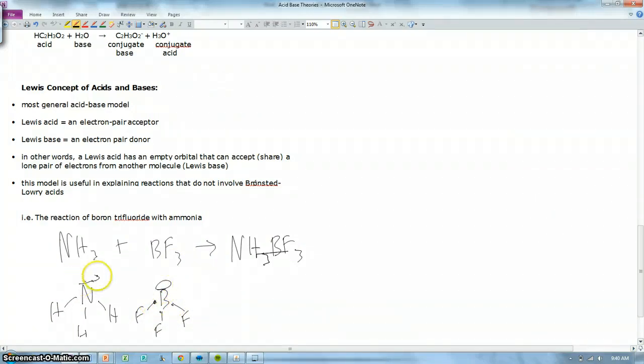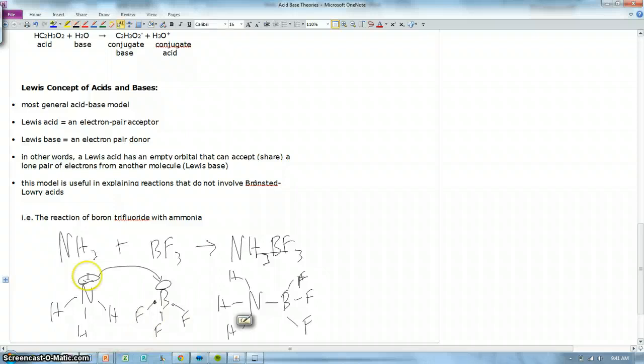And you can see ammonia has this very nice lone pair which it donates and bonds to the boron, creating this molecule. Much larger molecule, but everybody's much happier. There are no lone pairs available, and there are no empty shells available as well.